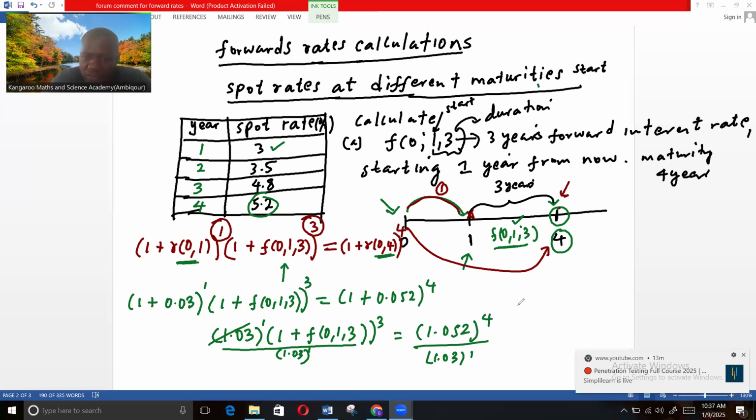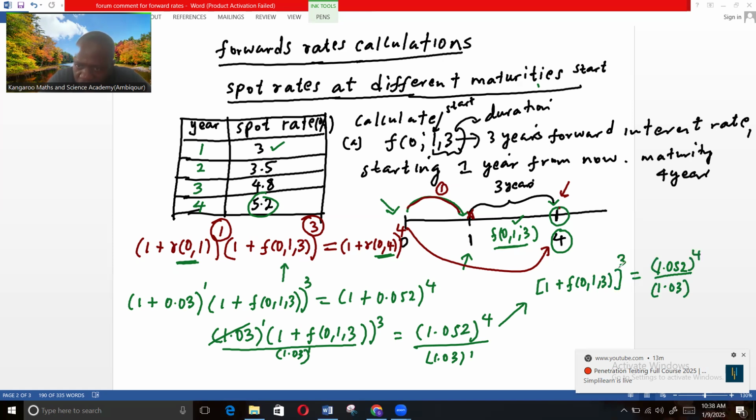So this will result in the following. It means we'll end up having 1 plus the forward interest rate to the power of 3 equals this one over 1.03, but this one is raised to the power 4.